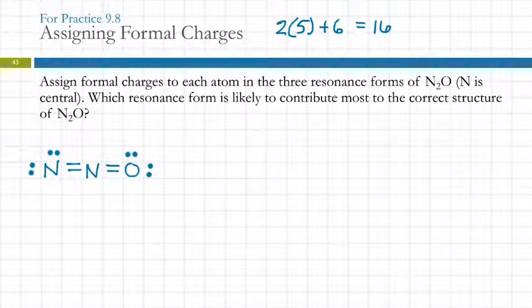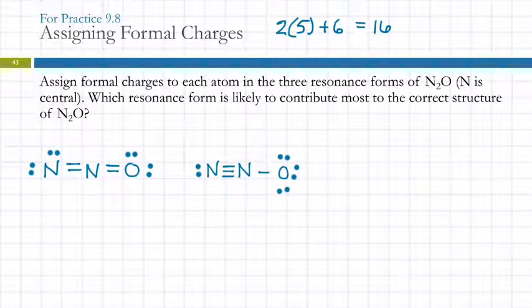Let's try. So we've got the same nitrogen in the middle, and I'm going to put 16 electrons, but now I'm going to start with the bonds and then fill things in. So I'm going to try putting a triple bond here. So I've got 2, 4, 6, 8, 10, 12, 14, 16.